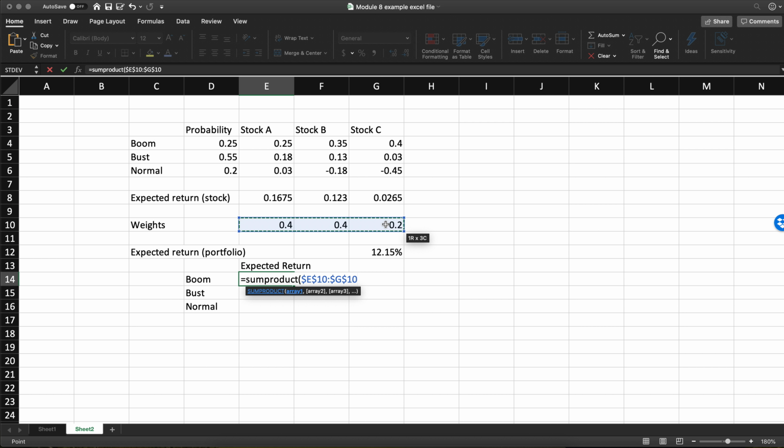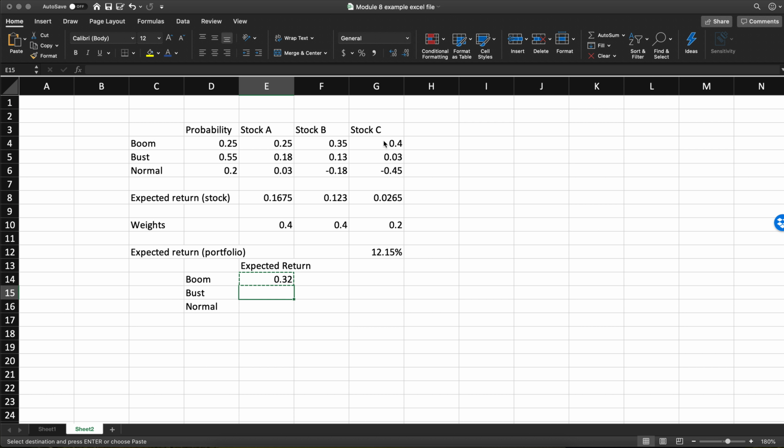I'm going to lock the weights and each state of the world. So we're saying if the boom happens, we have 40% in stock A, and that returns 25%, plus 40% in stock B, and that returns 35%, plus 20% in stock C, and that returns 40%. So we're going to copy that down.